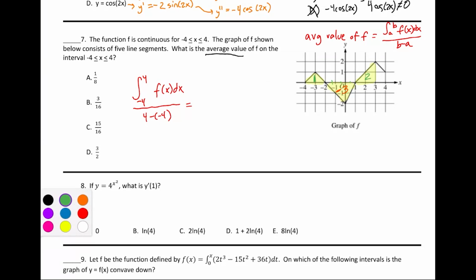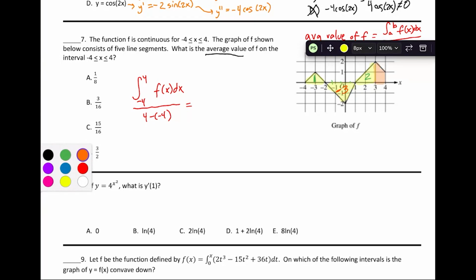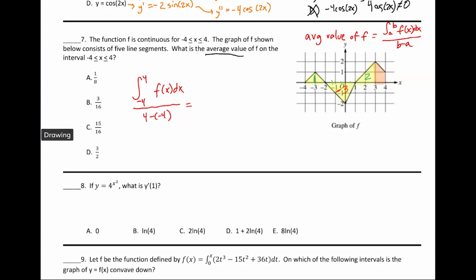And then this last section here, I'm going to use a different color just so you can differentiate that, is going to be 1 plus a half. So that's just going to be 1.5. Okay, so the overall area bounded by the curve and the x-axis is going to be 1 minus 3 plus 3.5, just adding the 2 plus 1.5 there.